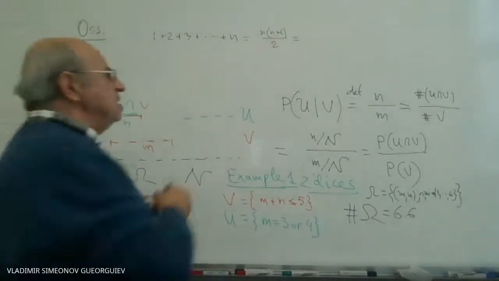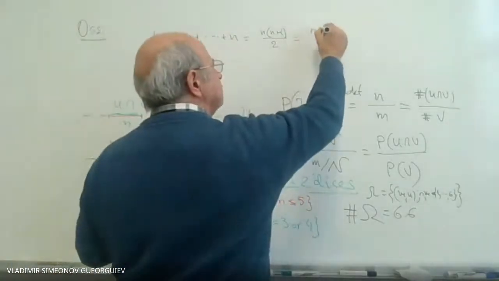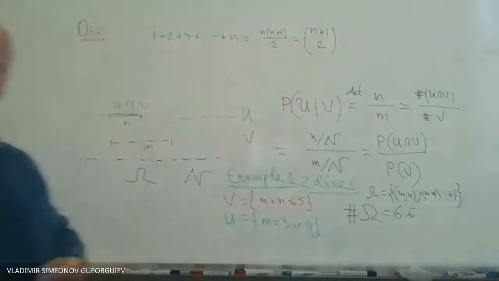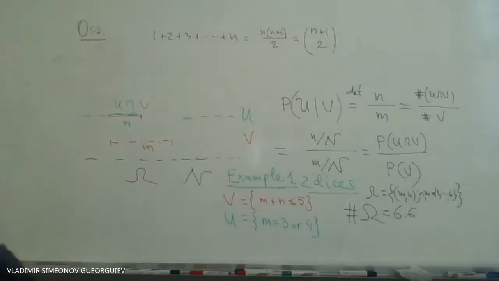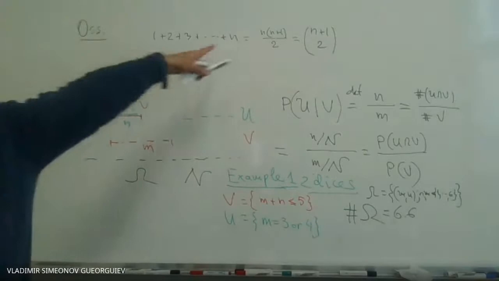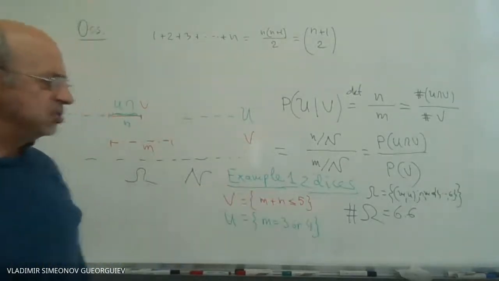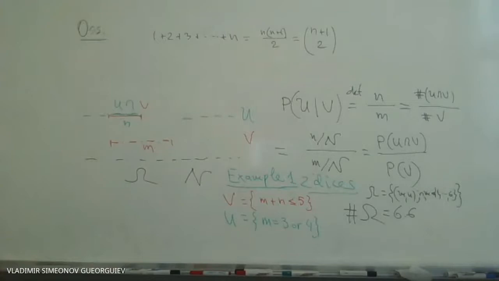Moreover, you can say that this is also the binomial coefficient n plus 1 over 2, because we already computed binomial coefficients last time, and typically you can compute this sum using this relation. This is a small observation to help you if you need to count more numbers, because you may have larger numbers, and therefore this is a help to do this.